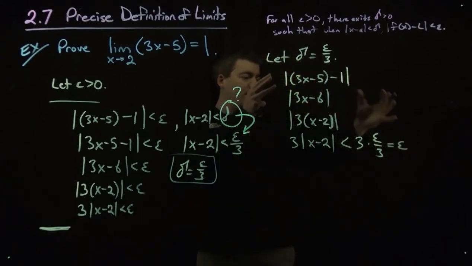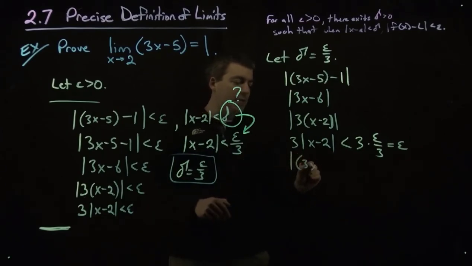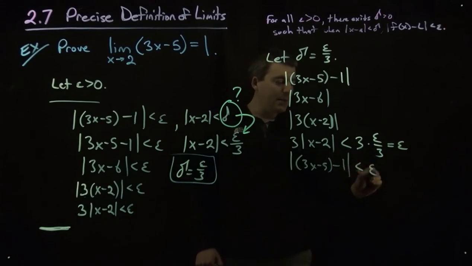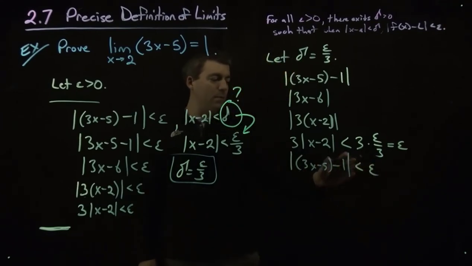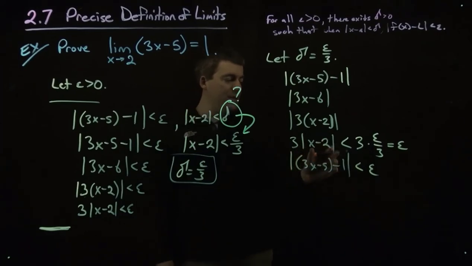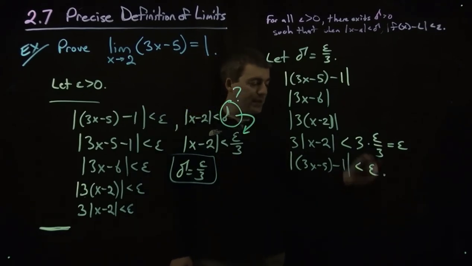All right, so putting this all together, we have proved that 3x minus 5 minus 1 is less than epsilon, and we did this when the absolute value of x minus 2 is less than epsilon over 3. All right, and this completes the proof.